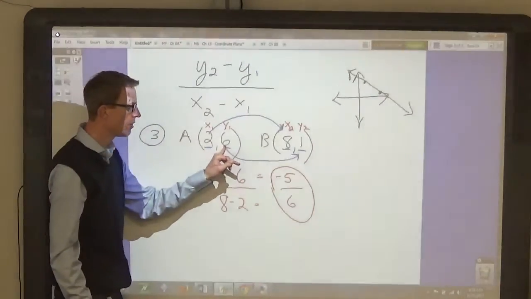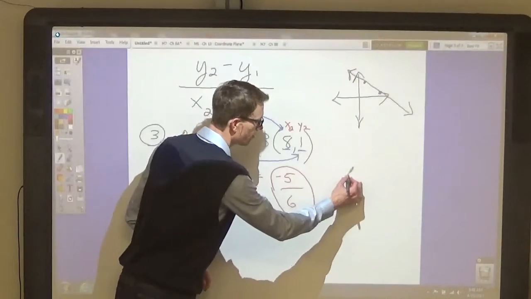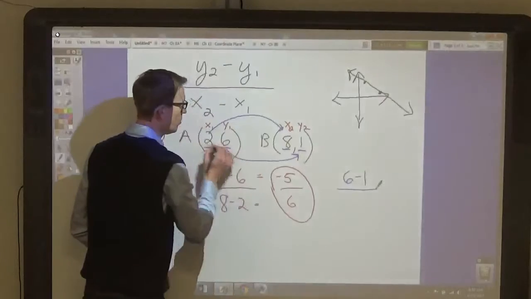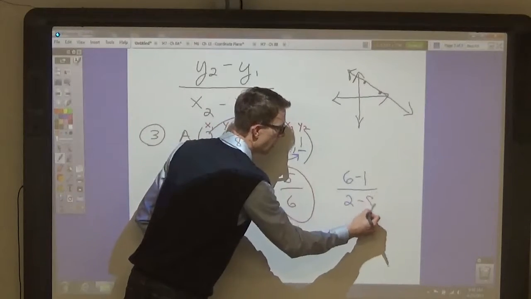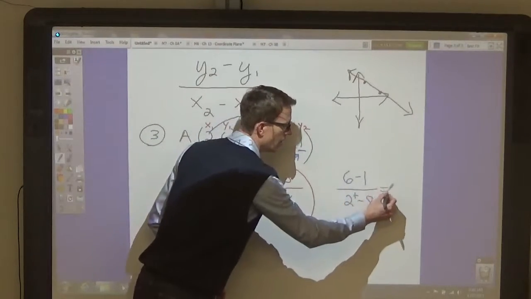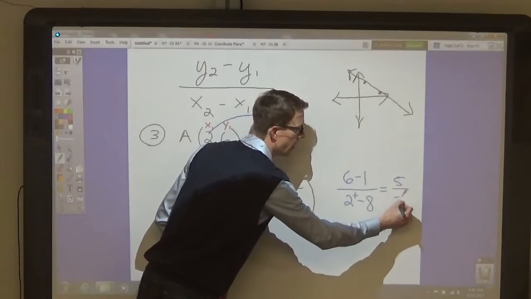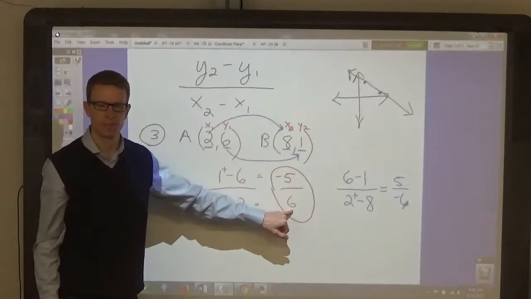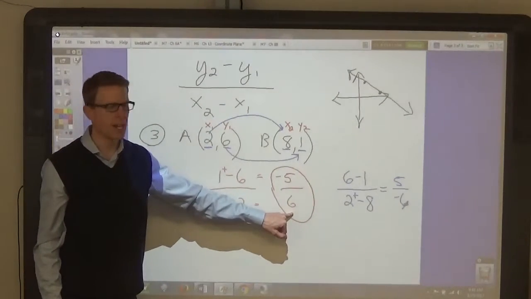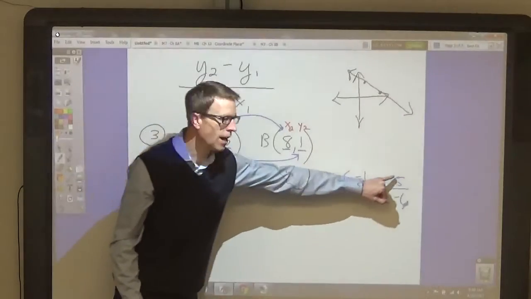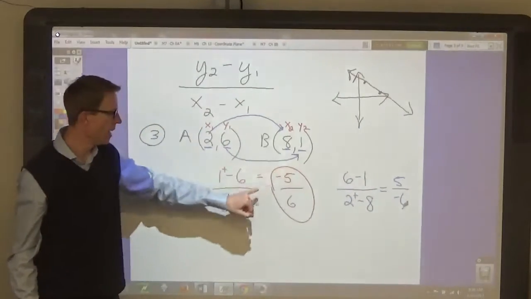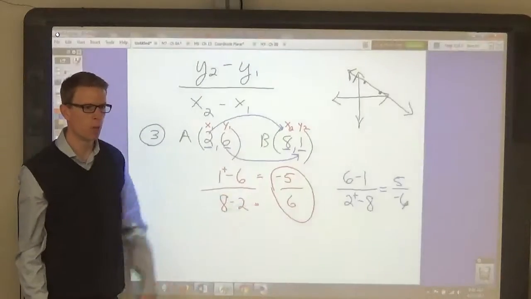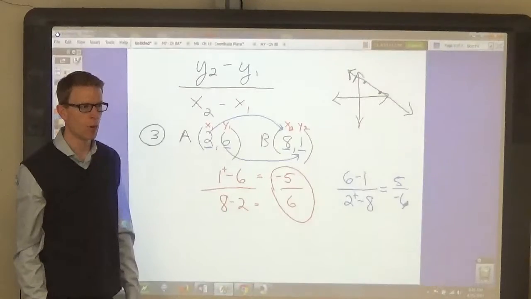Look, if we start with 6 minus 1, and then do 2 minus 8, you get 5 over negative 6. Are these the same? Yeah, they're both negative. 5 over negative 6 and negative 5 over 6 are the same. So this gives you the same slope.